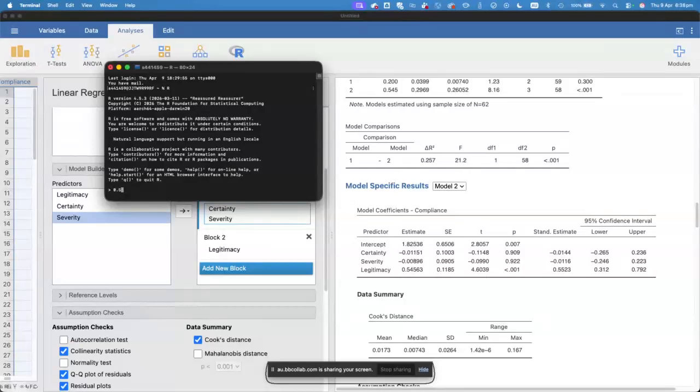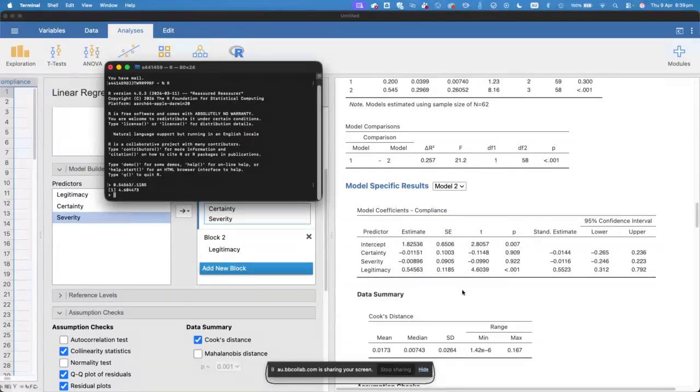So for legitimacy, if you don't believe me, you get 0.54563 and you divide it by 0.1185, we should get 4.6039. So that's how you calculate the T statistic. And then using the T distribution, you can get the P value. And that's all the T relates to. So this is just the estimate over the standard error would give you the T value, which you can use to calculate the P value, and so whether the result is statistically significant or not.